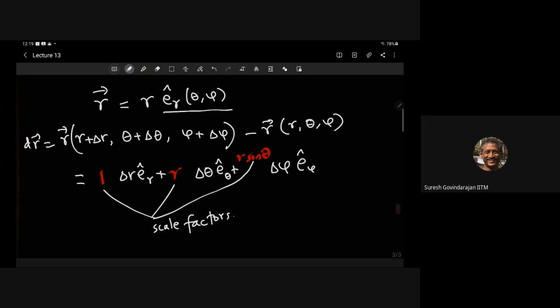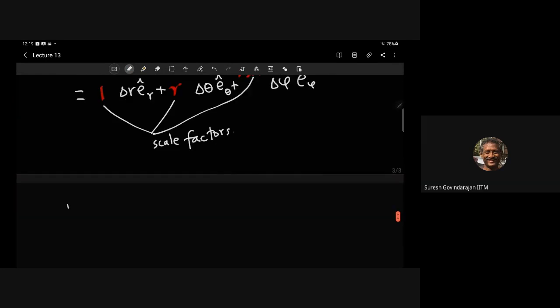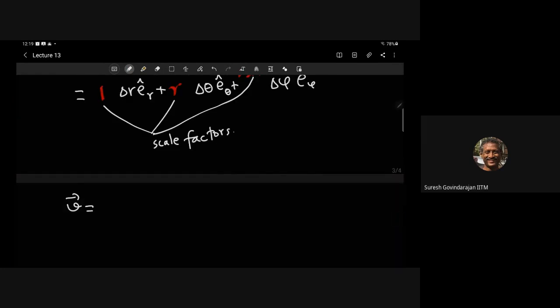And again, what is a velocity? Velocity is dr by dt, so you can just divide the above expression by dt. We get r dot e_r cap plus r theta dot e_theta cap plus r sine theta phi dot e_phi cap.